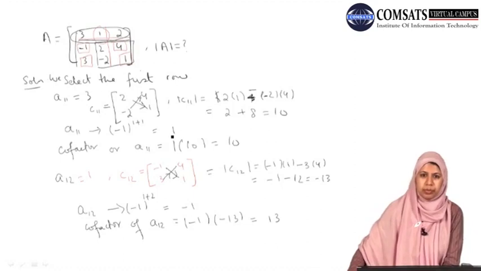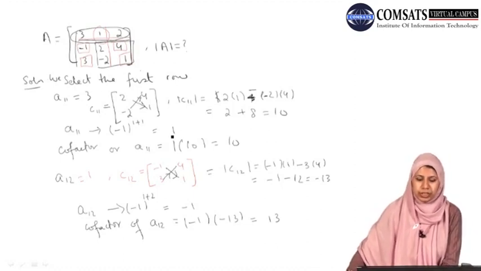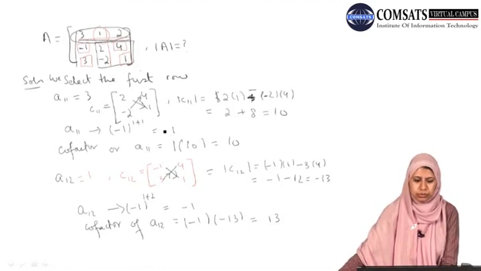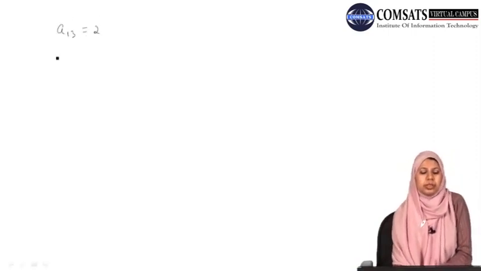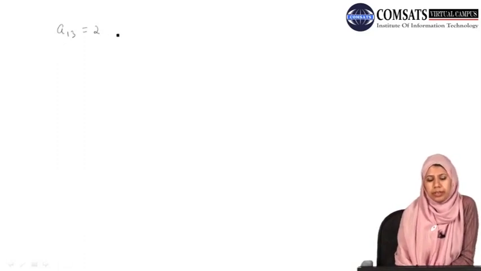Now we look at our last entry of this row, which is the entry A13, which equals 2.